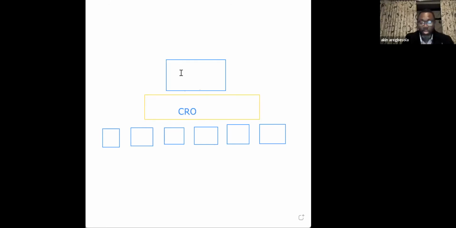These are the sponsors. So this is what I mean. It is the CRO, the Contract Research Organization, that would do all the coordination that is necessary. So the billions of dollars that these people are spending, 90% or so of it will come through the CRO.